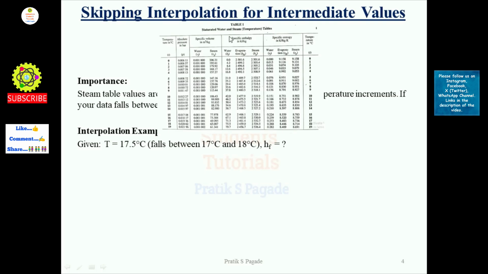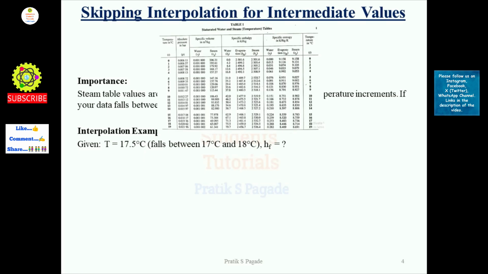As you can see here in the saturated water and steam temperature tables, we have 17 degrees Celsius and 18 degrees Celsius, and our requirement is at 17.5 degrees Celsius, which lies between 17 and 18. So we need to calculate the hf value for 17.5 degrees Celsius. Let's see how we can calculate it.